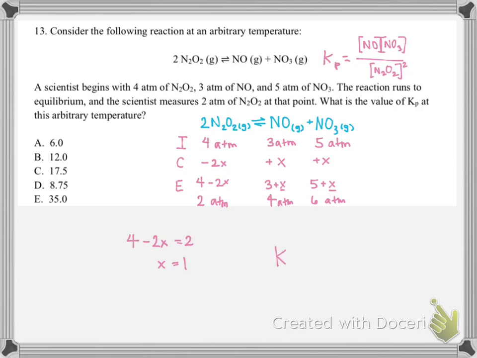Kp is equal to 4 atm times 6 atm, all divided by 2 atm squared.